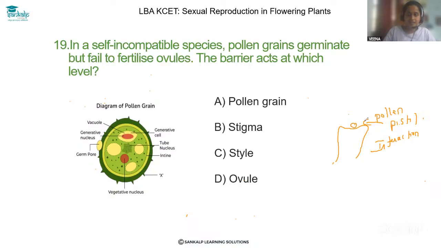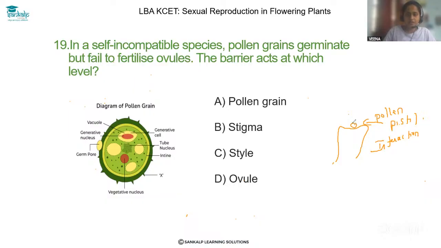The plant itself has developed a natural process to avoid its own pollen grains. That means, to undergo cross-pollination, it is not allowed to form the pollen tube for the same plant's pollen grain. That is what we call a self-incompatible species.